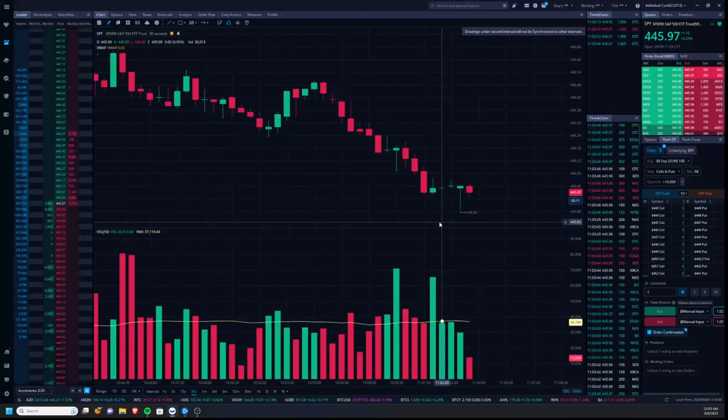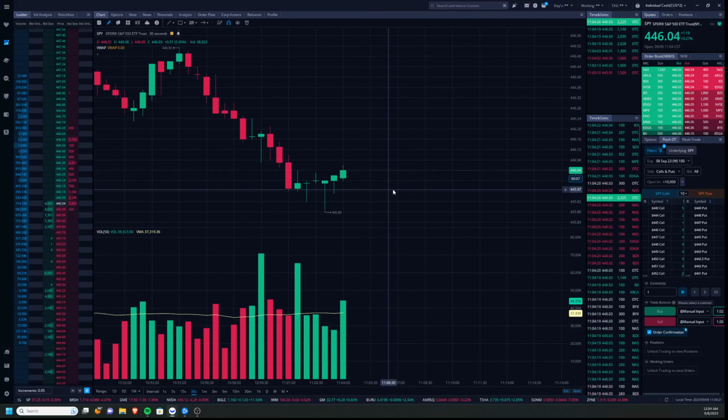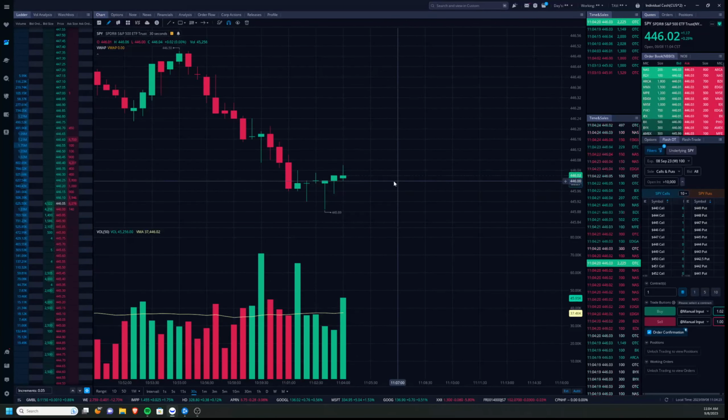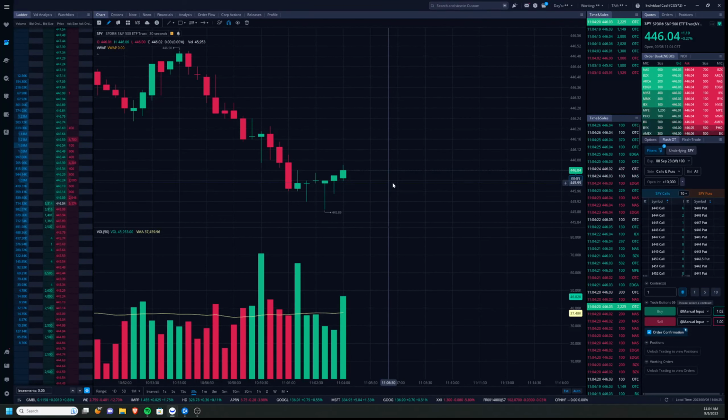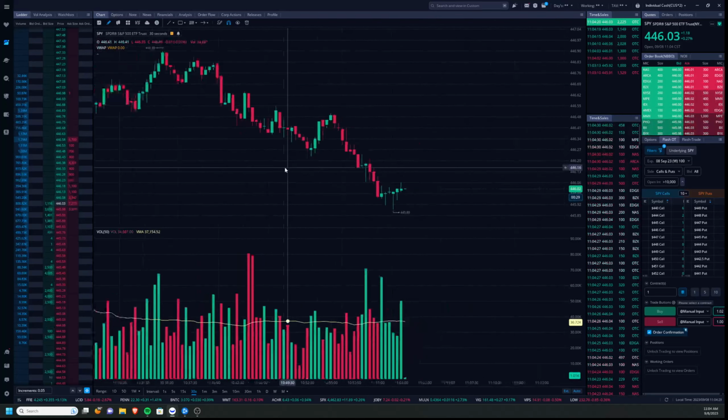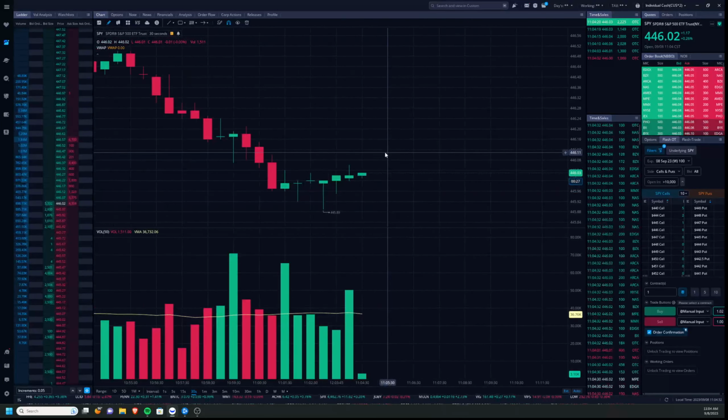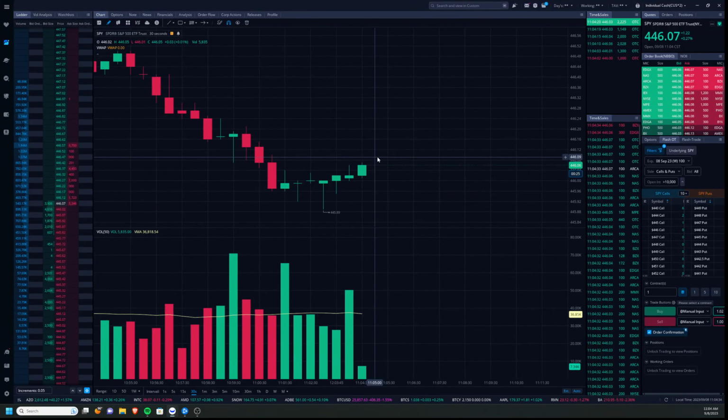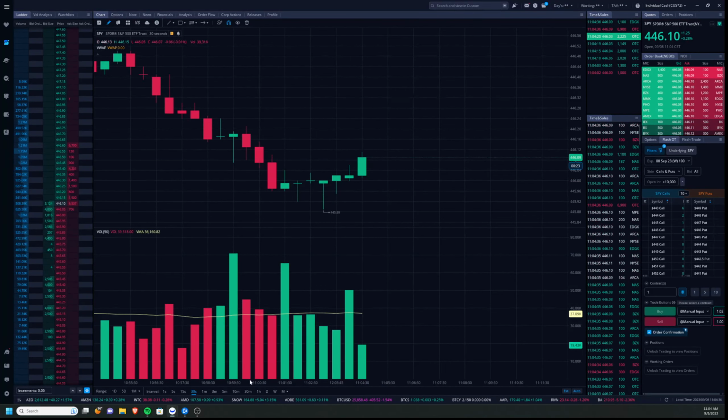And there's actually a drop off on the buyers here, and we're looking to see increasing buying volume to get out of our trade, right? And so here we go. We're starting to see the increasing buying volume, and this is where I would probably get out of the trade for a profit if we took the short from up here, and we would go long now, right? So this is where that would be.